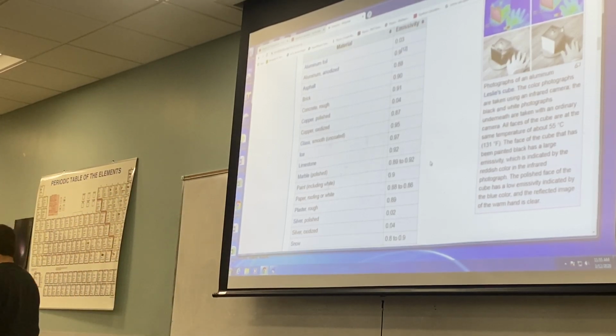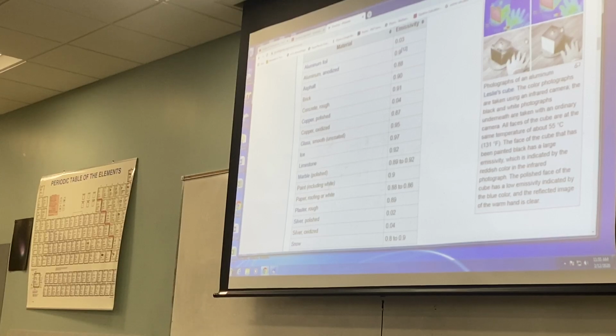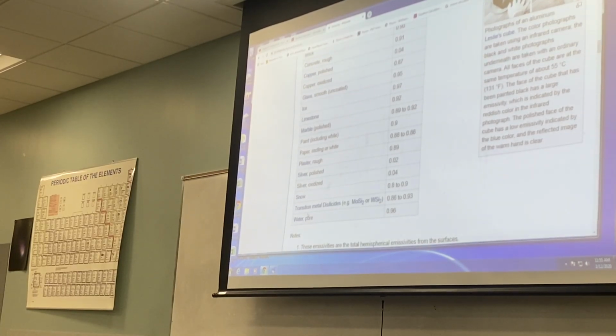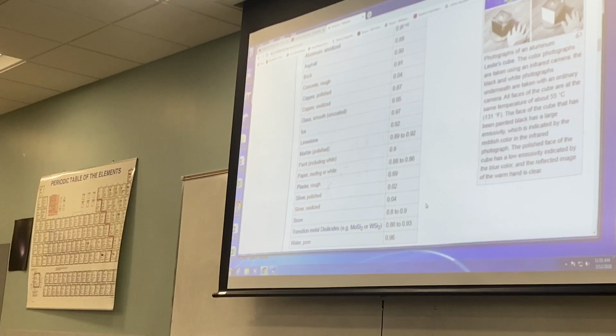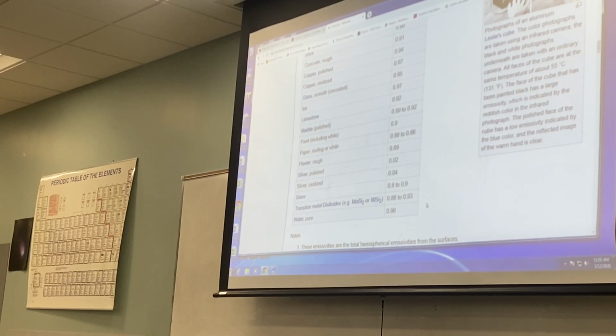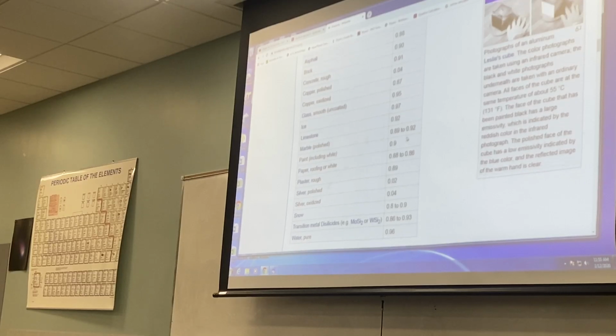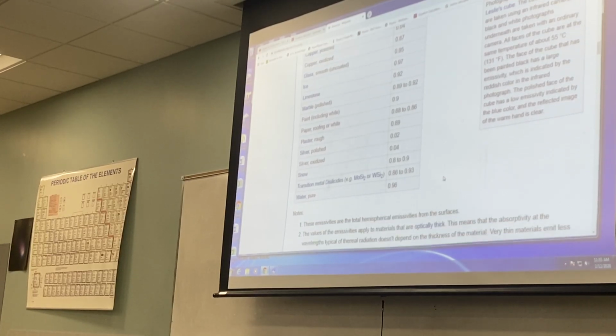Let's see, what's water's emissivity? Oh, water, 0.96. Okay, so water is higher than snow. That's weird. And then water is like ice, kind of 0.97.